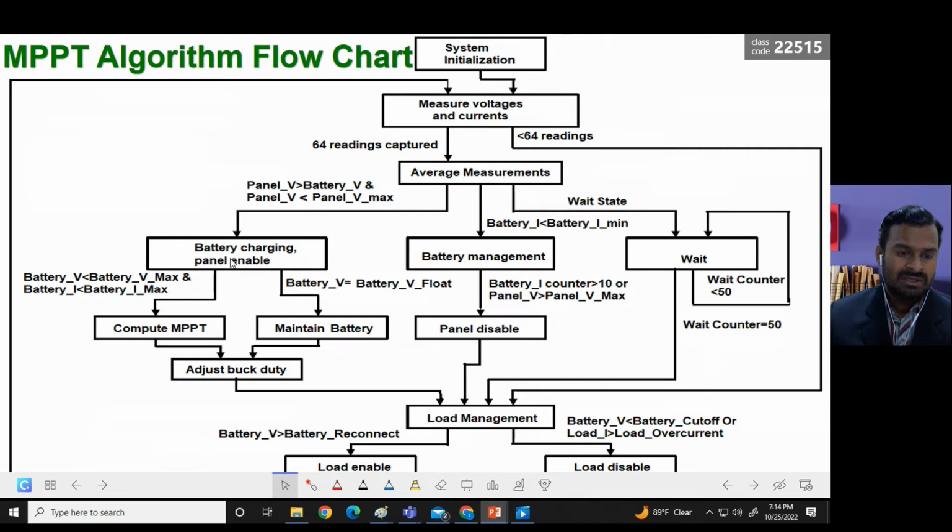Once the panel is connected to the battery, you will see conditions again like this. Battery voltage less than battery Vmax. That means if the battery is fully charged, there is no need of charging the battery. So if the battery voltage is less than the maximum capacity of the battery, then only the charging process should take place.